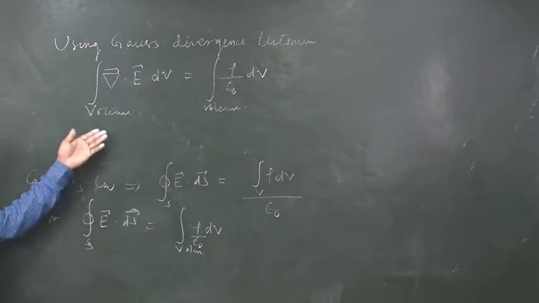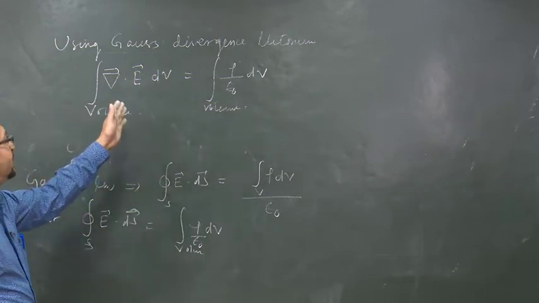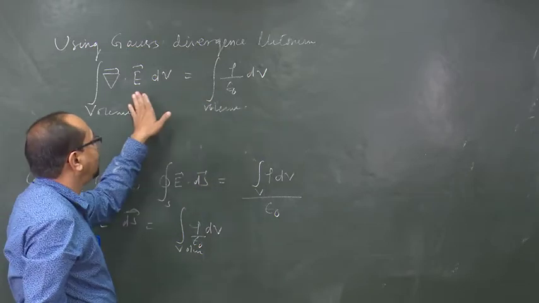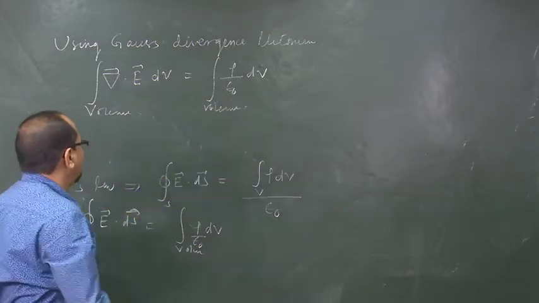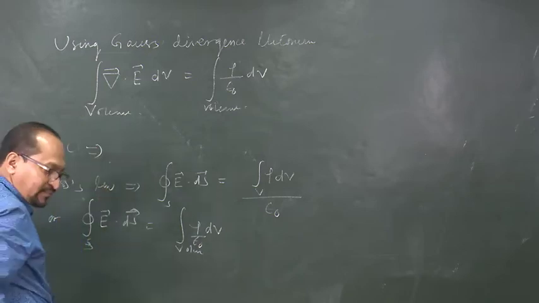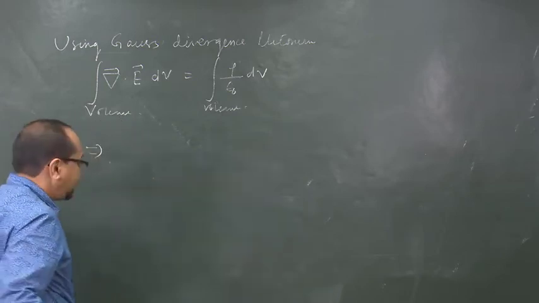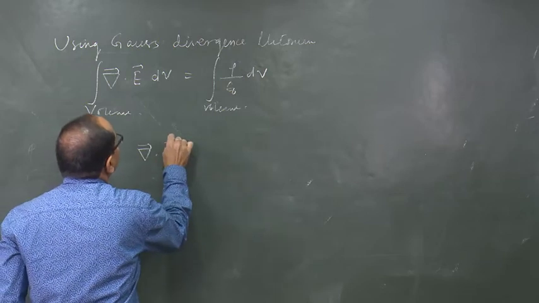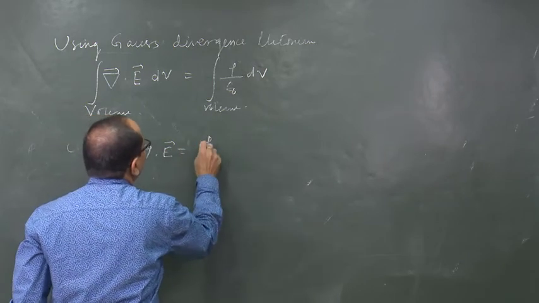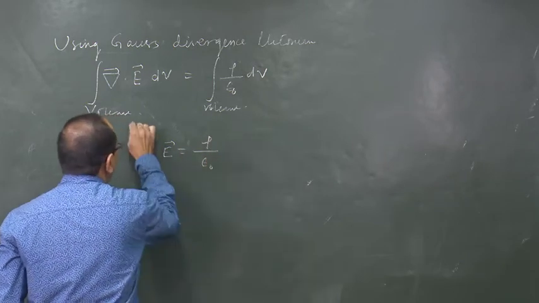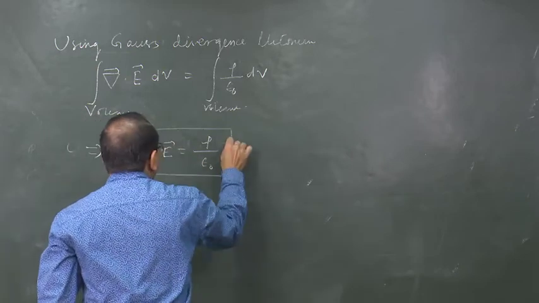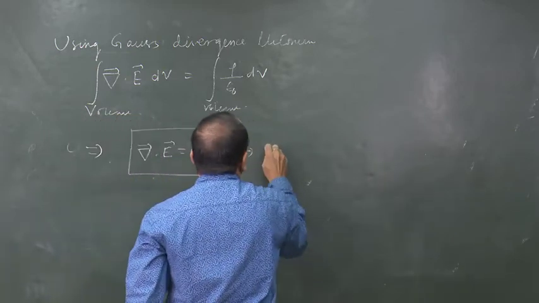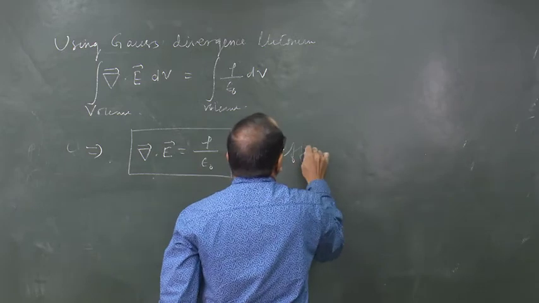Gauss law now appears in this form, and this volume is arbitrary. Since the two integrations are equal, the two integrands must be equal. So, this implies divergence of E is equal to rho by epsilon naught. This is called the differential form of Gauss law.